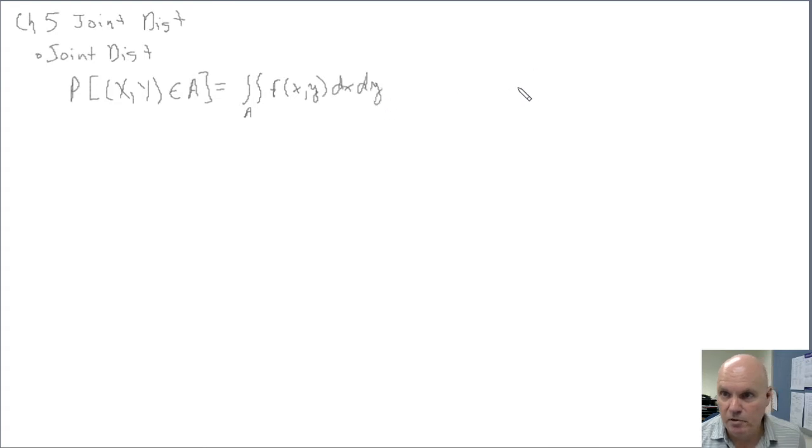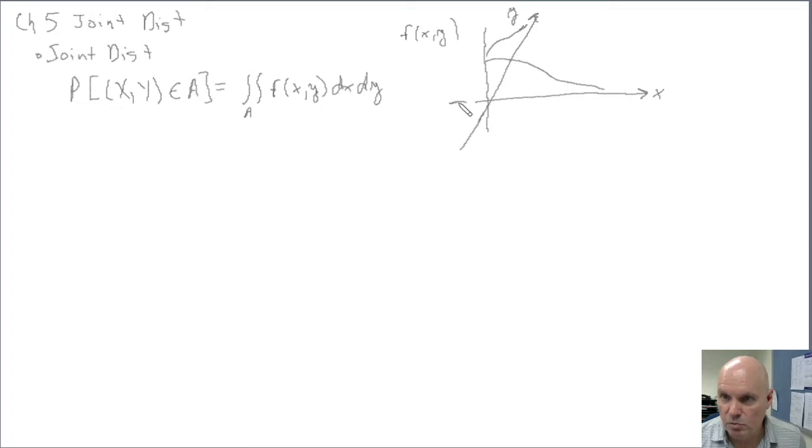So the representation here is, if this is the x-axis, this is the y-axis, and then the PDF, fxy, is this surface lying above the xy plane. Maybe it looks something like this, if you can visualize a mound of sand above the xy plane.